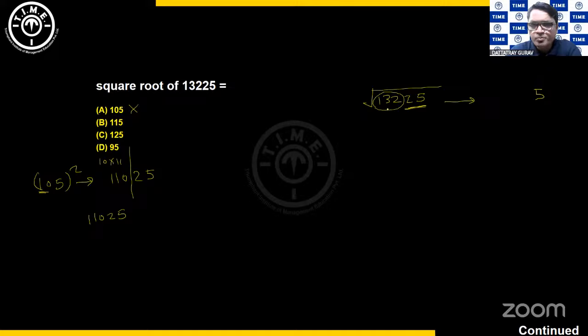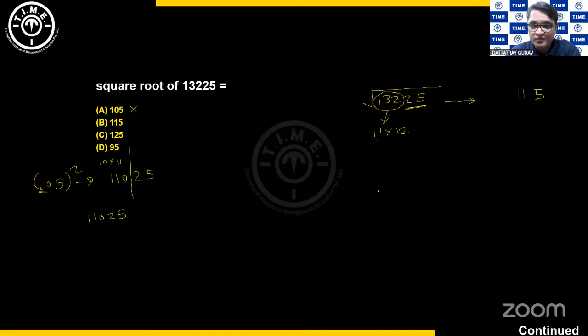So 132 should be the multiplication of two consecutive numbers. 10 into 11 is 110. What will the next be? 11 into 12, which is 132. Out of these, I'll take the smaller number, which is 11. So the answer should be 115.